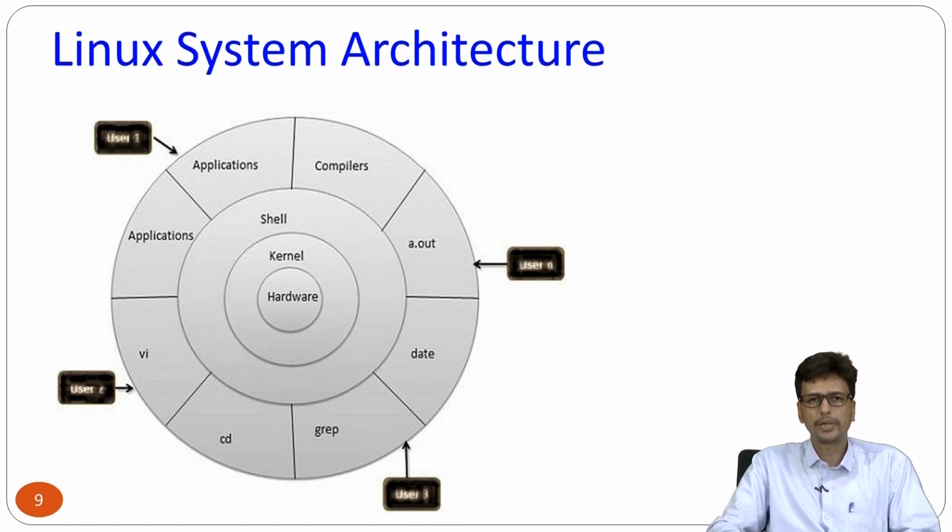Whatever components are required to communicate, even any hardware component, all that communication and execution is done by the kernel, and the output is finally passed to the shell. The shell again interprets that output and passes it to the user. So that is the whole structure, the architecture of the Linux operating system.